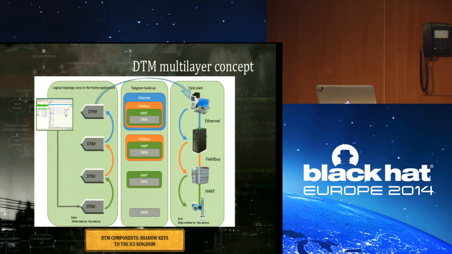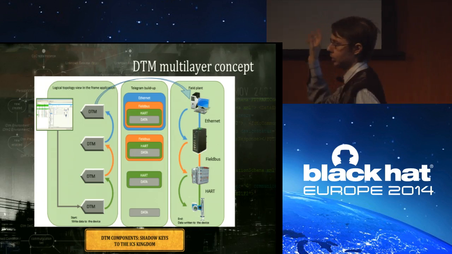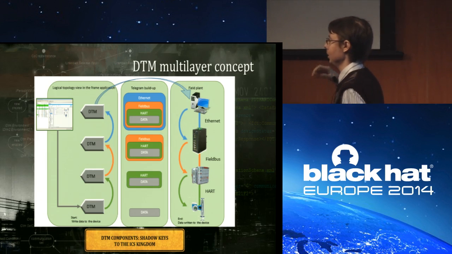So imagine an ICS infrastructure as shown on the right. The HART transmitter resides on the current loop line. It is connected to a gateway that is connected via a field bus, for example Profibus, to another gateway, and that gateway connects the field bus to the Ethernet, to the plant asset management on the PC, on the server.